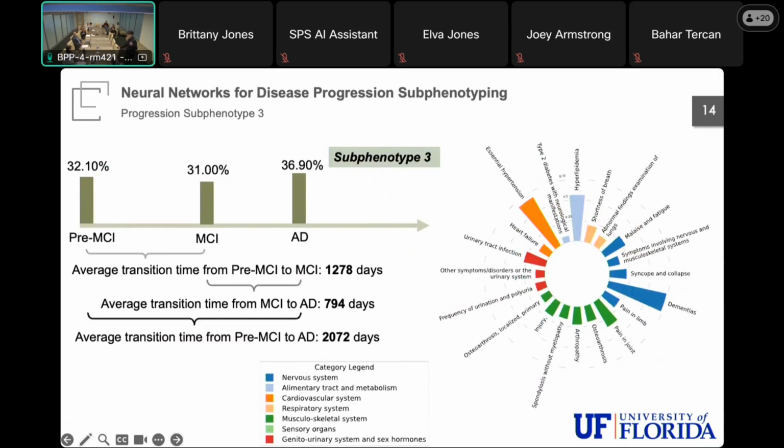Yeah, based on the statistical result, we can see that in this subphenotype there is high prevalence of urinary tract infection, and we did some surveys, and the existing research reports that this infection is associated with a high risk of Alzheimer's disease development.